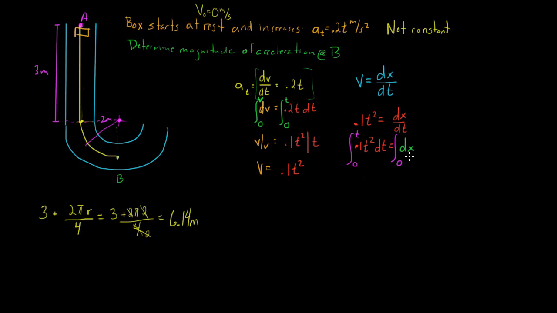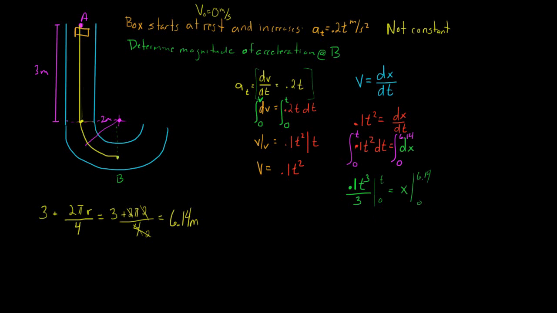So that means we're integrating from 0 to 6.14. When we perform this integration right here, we get 0.1 times t to the third over 3, evaluated from 0 to t, equal to x evaluated from 0 to 6.14.